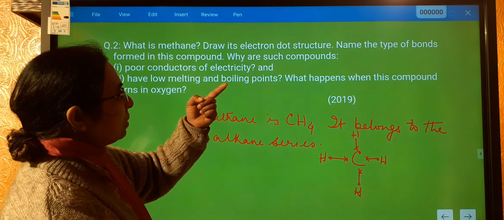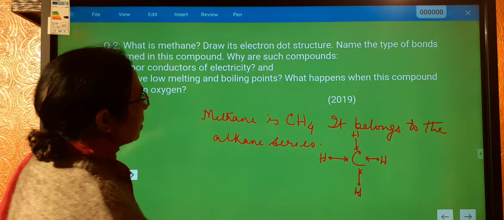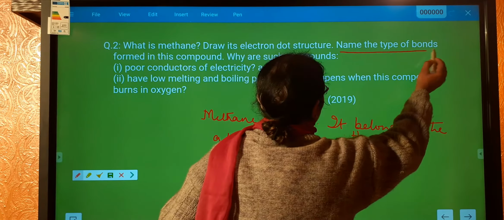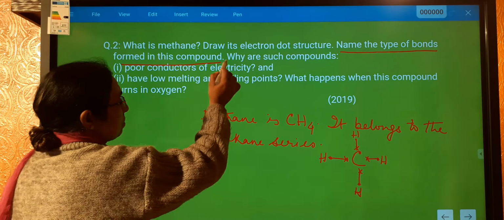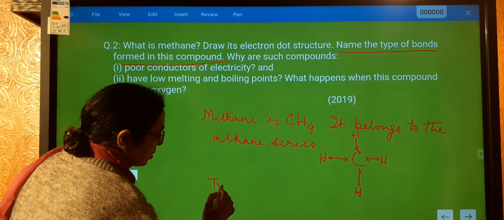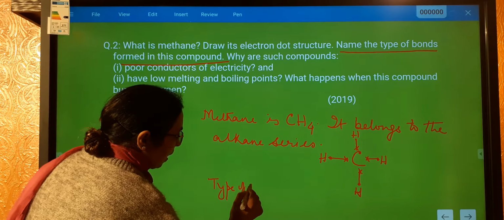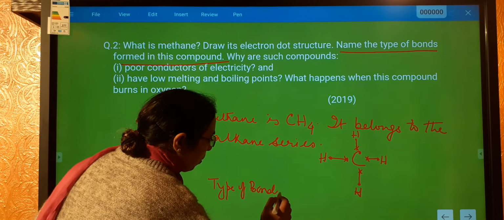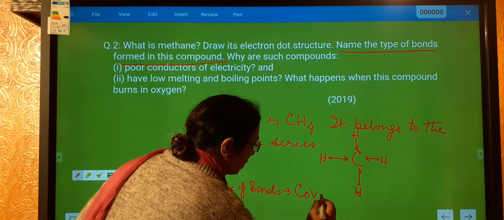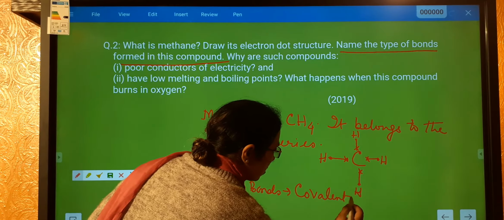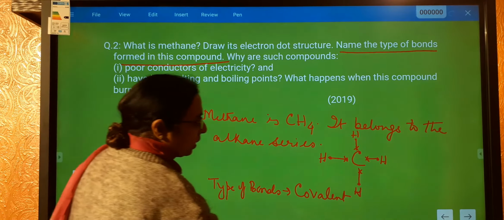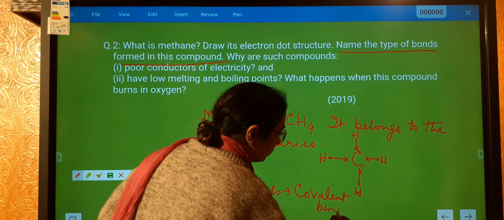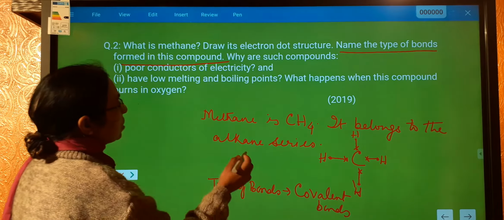Then name the type of bonds formed in this compound. The type of bonds is covalent bonds, formed by sharing.